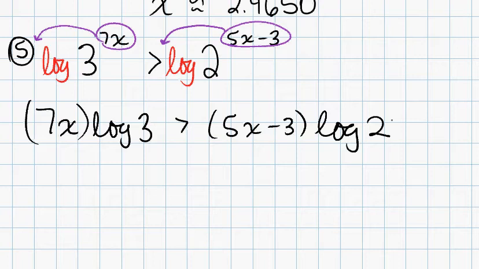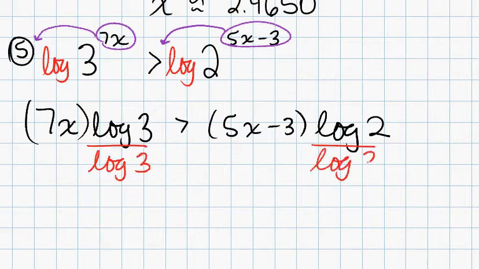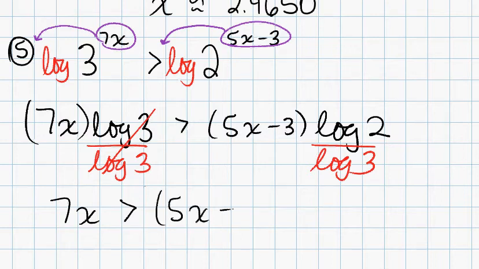So I like to get all the logarithms on one side. So let's divide by log 3 to put it on the other side. So we now have that 7x is greater than 5x minus 3 times a decimal.